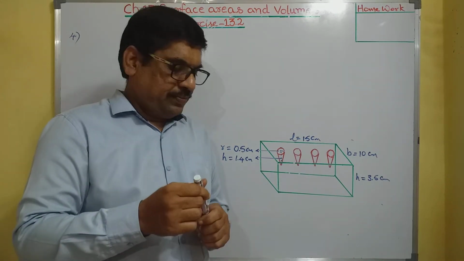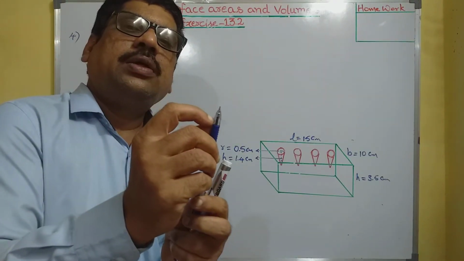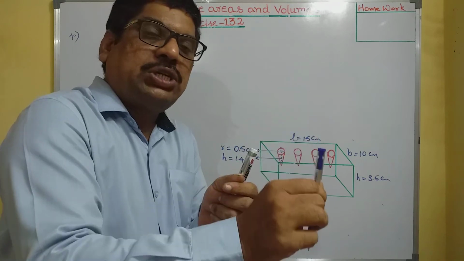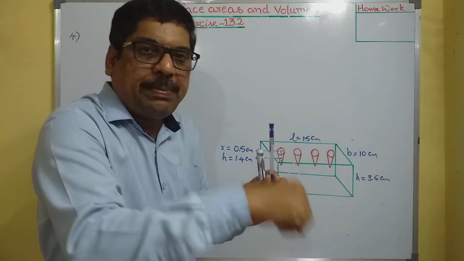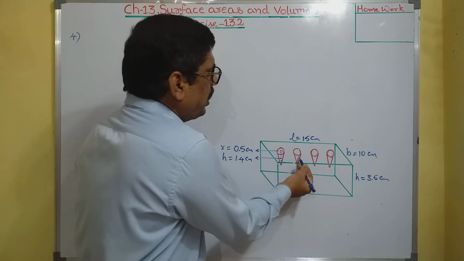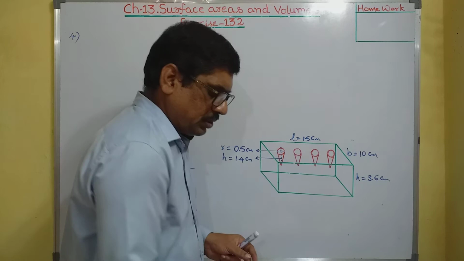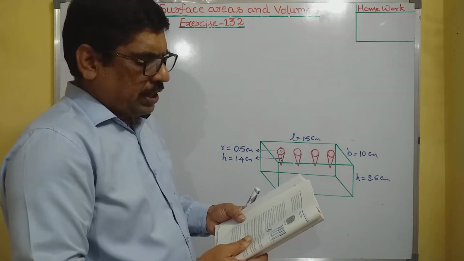So actually the end of a pen is in the shape of a cone. So to keep it into the pen stand, the hole should be in the shape of a cone. Conical depression. Here there are 4 conical depressions like this. Identical conical depressions.